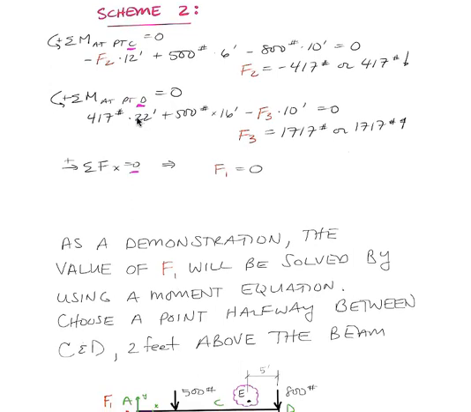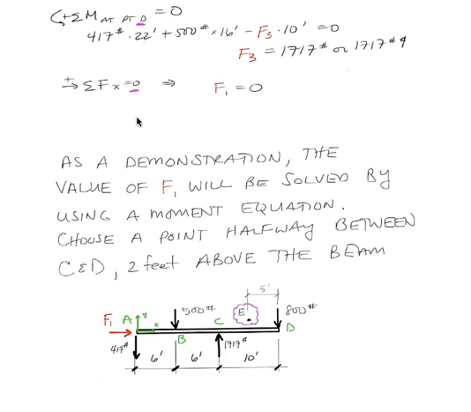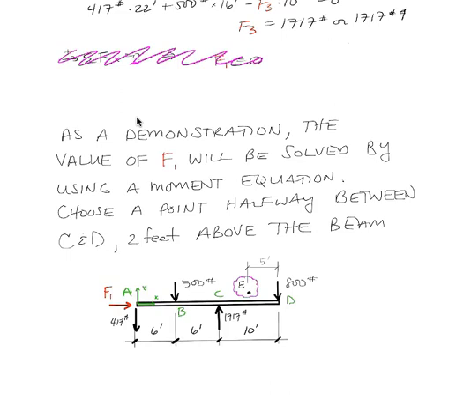And as a demonstration, what we will do is solve for F1 instead of summing forces in the X direction here. We'll go back to the solved free body diagram where we are currently. We've solved for those two reactions, so those two red arrows have been turned black. Going to define a point E, and that point E is going to be 2 feet above the beam.